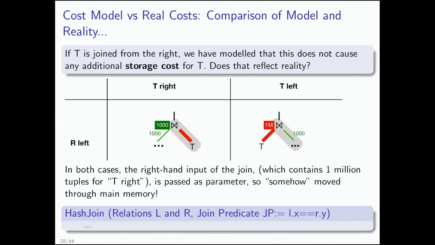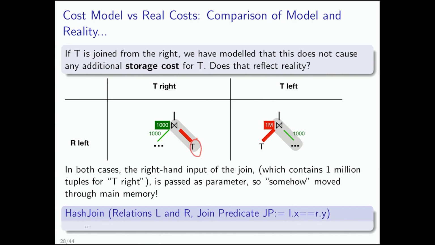And there's an issue here. Let's assume T is joined, so it's the right input to these operations. Here T is on the right, here T is on the left. We have modeled it so that in this case, T does not trigger any additional storage cost.